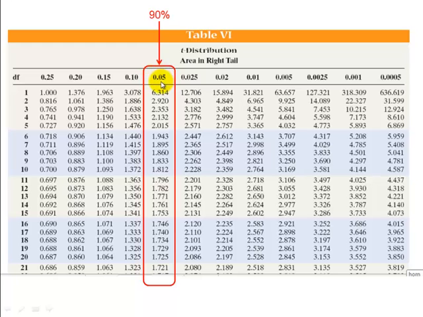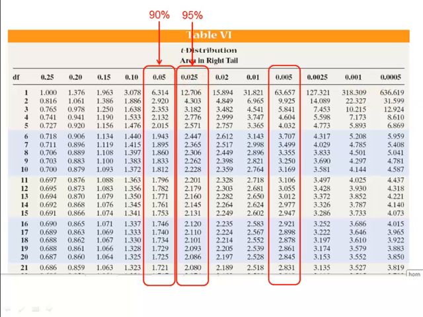The table is saying the area to the right is 0.05, but we have a left tail that has the same area, so 5% plus 5% gives us our alpha level of 10%. So that corresponds to a 90%. For 95%, we would use this column, and for a 99, we're going to use this column. So these are the 3 columns that we will use for confidence intervals.